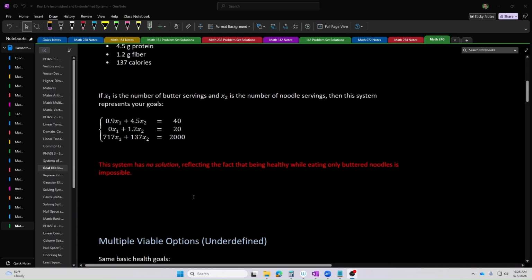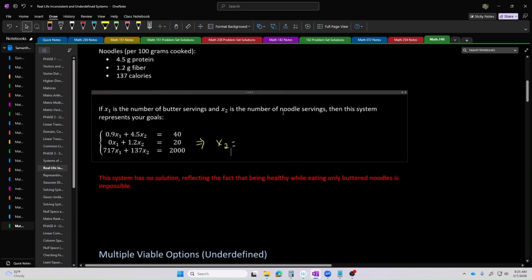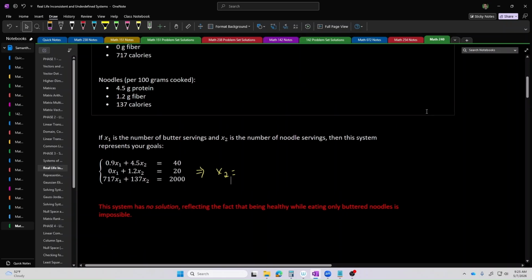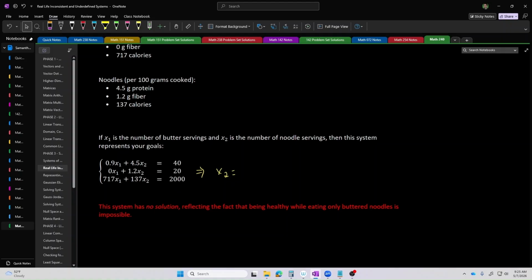But if you try to solve this system, you will find that there is no solution to this system. If you try and solve this second equation for x2 to figure out how many servings of noodles you would have to consume in order to meet your fiber needs, you would have to consume about 16.7 servings of noodles to meet your fiber goals.